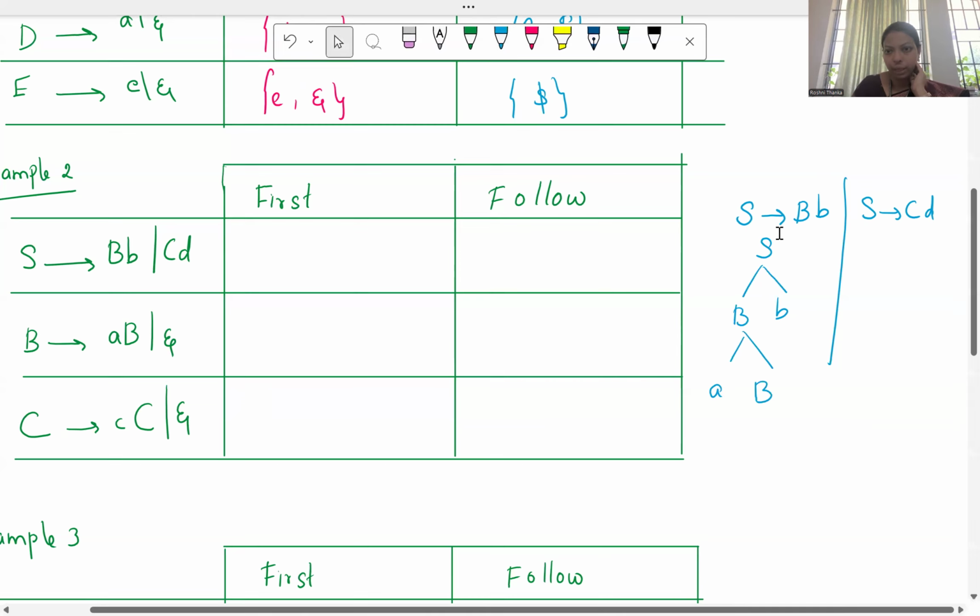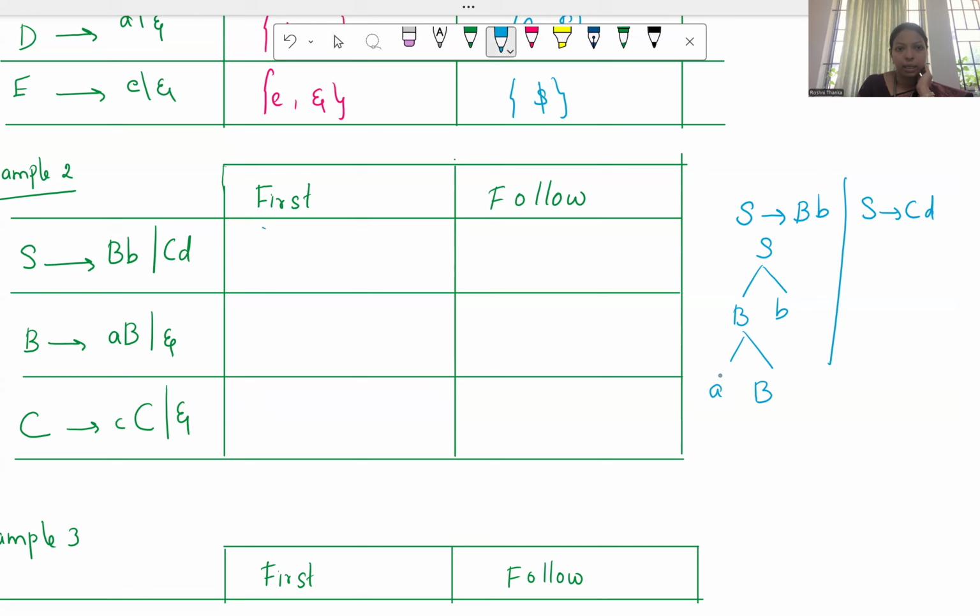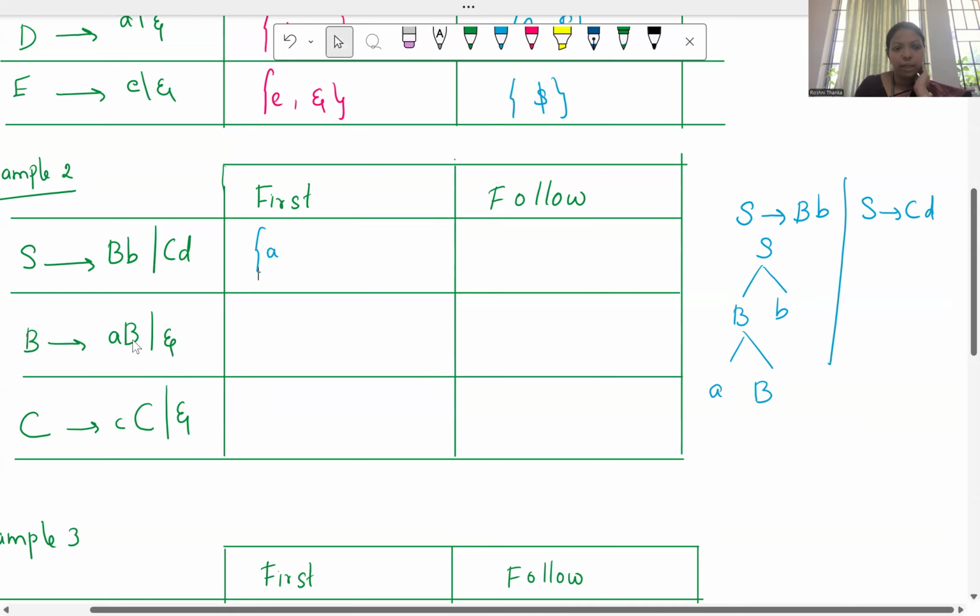So when I derive S, I got this. This first symbol is a non-terminal. So again, I have to derive it. But when I derive B, I got small a, it's a terminal, it's the first symbol. So I can write first is a. Now we have another alternative for this B, right? What is the other alternative?